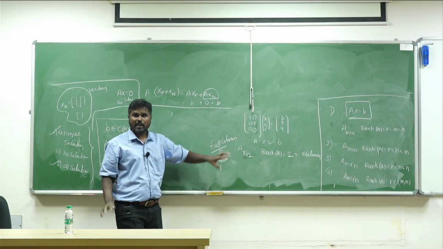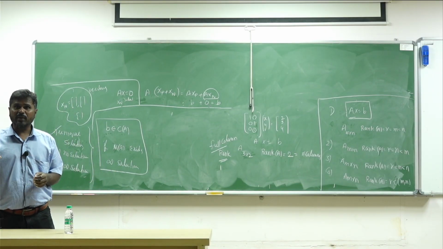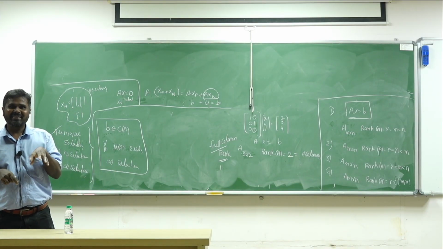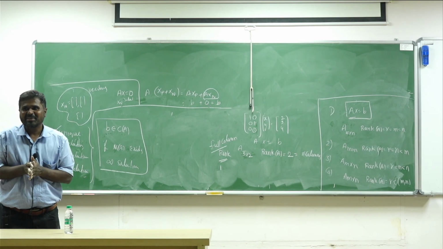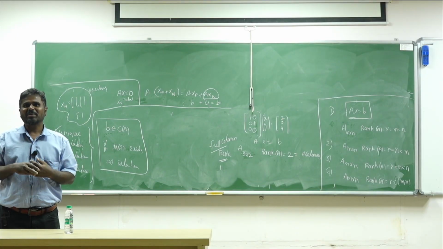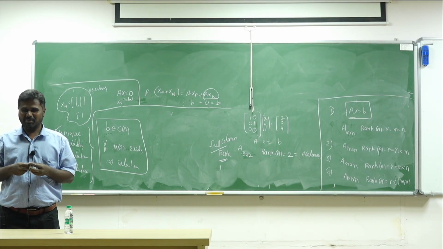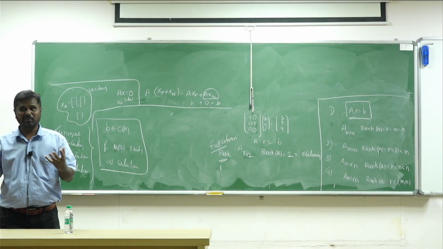This is a particular type of system of equations. These systems of equations you often find in communication engineering problems. For example, if you want to get the filter coefficients of the linear filter. Okay.